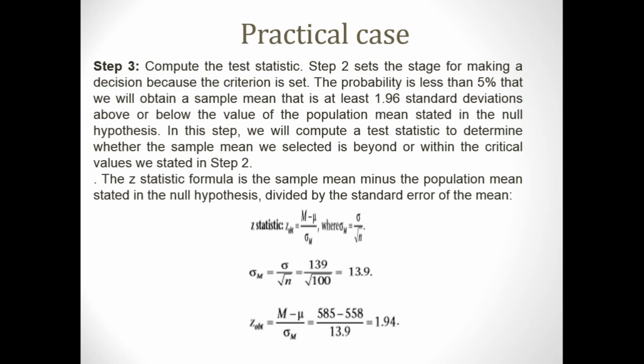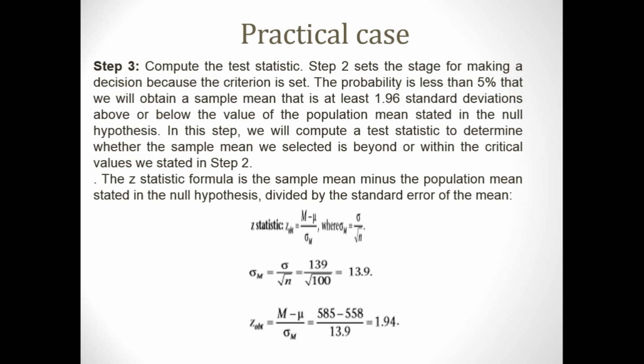In the last step of the test, we need to make a decision. To make a decision, we compare the obtained value to the critical value. We reject the null hypothesis if the obtained value exceeds the critical value. The obtained value is 1.94, which is less than the critical value of 1.96.